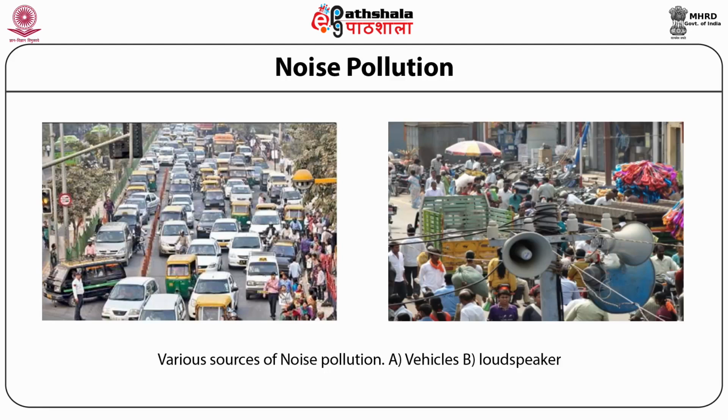Now in the figure you can see various types of noise pollution. In part A you can see number of vehicles which are running on the road which produce a very loud sound, and in part B you can see the loudspeaker which is used in various festivals or religious performances in which the loudness is very high.